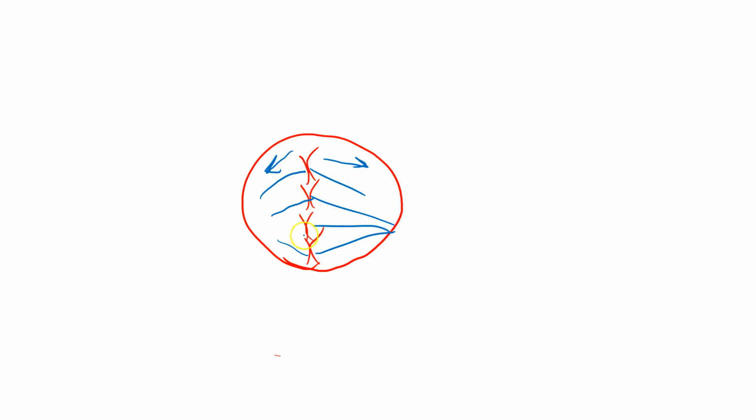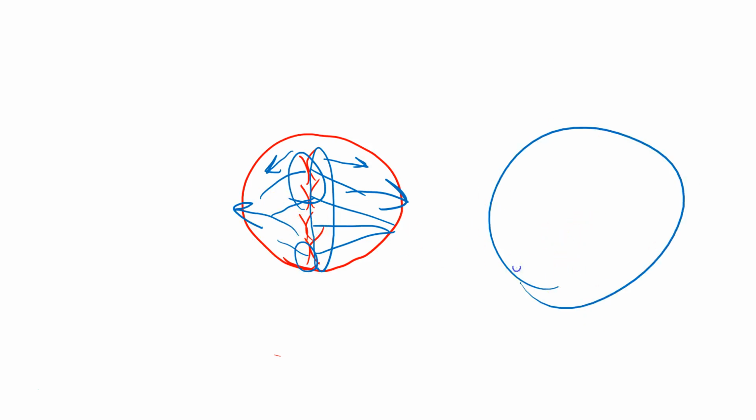Well, if there's a chromosome, let's say right here, that didn't have a spindle attached to it, then all of these would get pulled over here, and all of these over here, and this one right here that doesn't have anything attached to it would just stay in the middle. So there'd be a bunch of chromosomes there, a bunch of chromosomes here, and the one that didn't get attached would be stuck in the middle. Whether it goes over here or over here when the cells divide is up in the air. If it did go over here, then when the cell divides, this one is one short a chromosome, and this one has one extra chromosome.